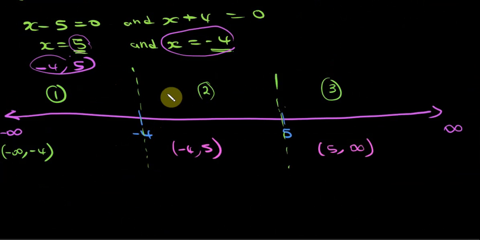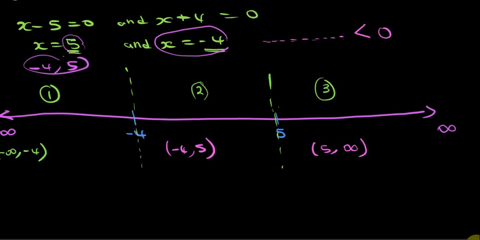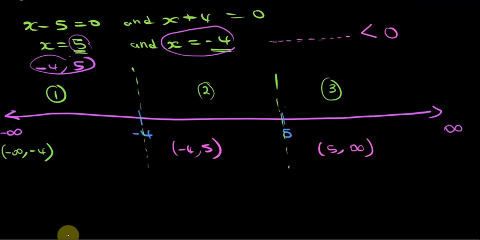In this case, the sign is less than 0, which means the zeros are not included on our sketch, and we don't use them as test points. So let's test these things out.